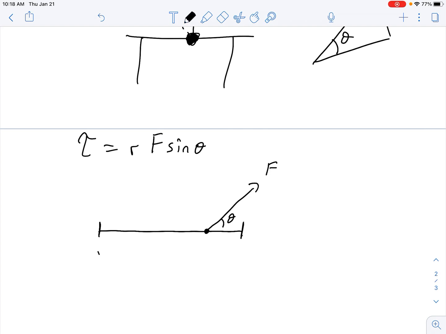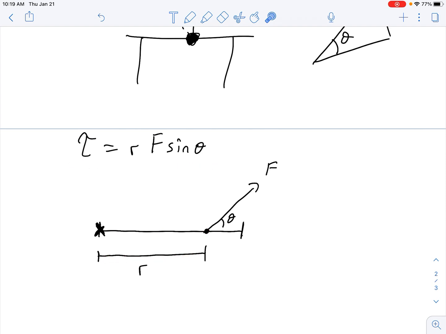R is the length of the location of the force. So if we consider this the pivot point, so I apply that force, this is going to slowly rotate that way. As I apply the force, the vertical component will cause rotation this way around that axis. R is the length from the pivot point to the location of the force. So R is not the length of the object, R is the length from the pivot point to where the force happens. That gives me R.